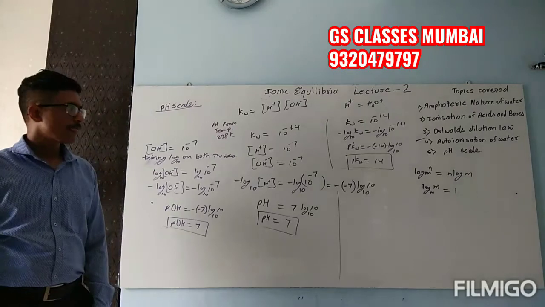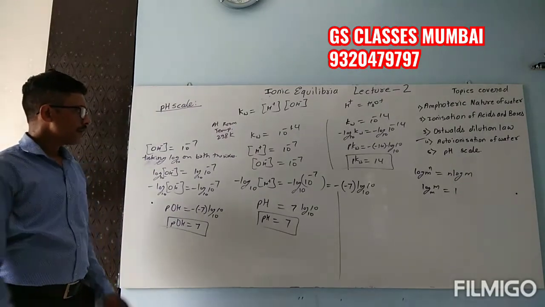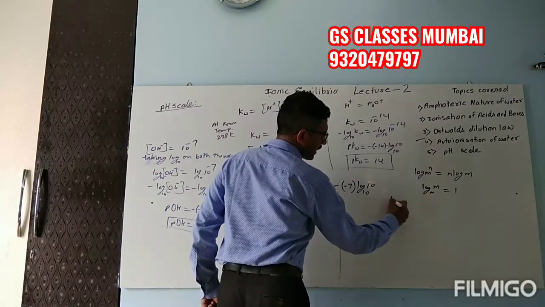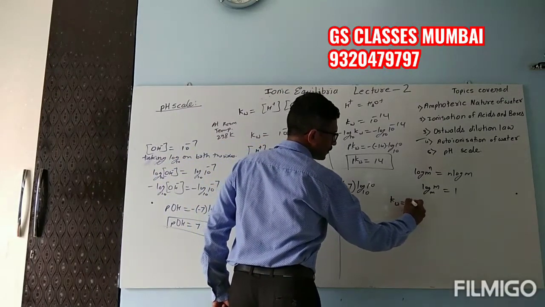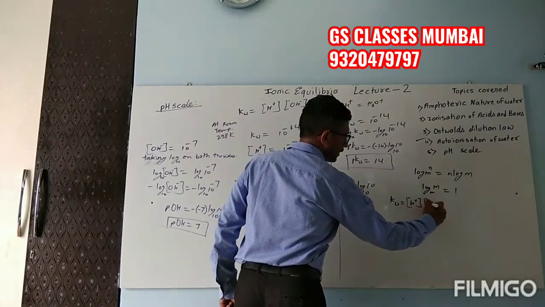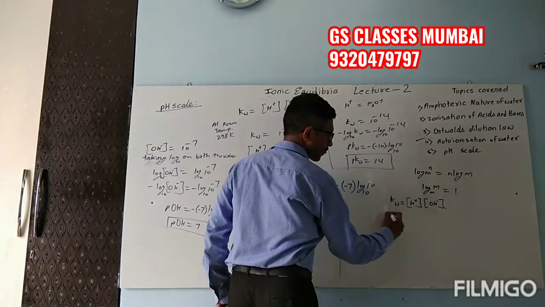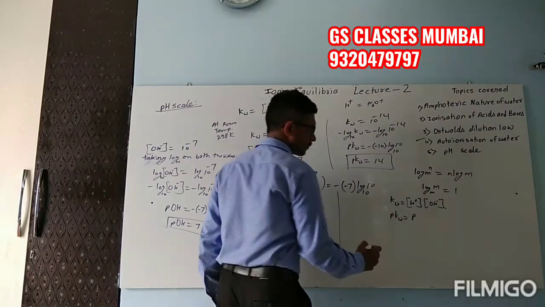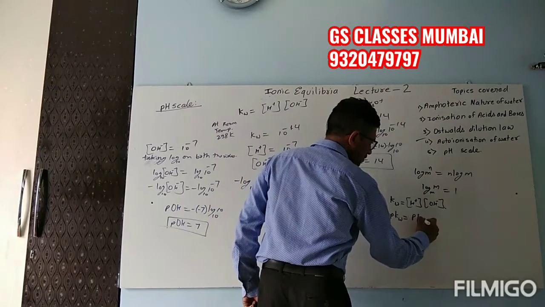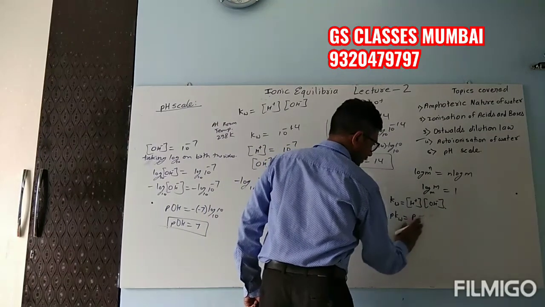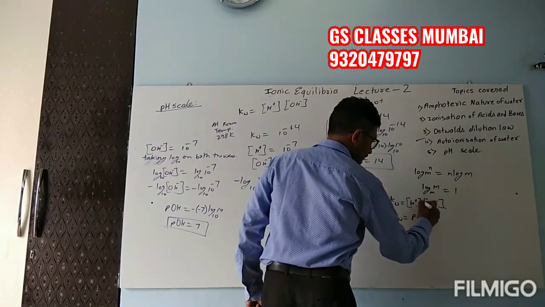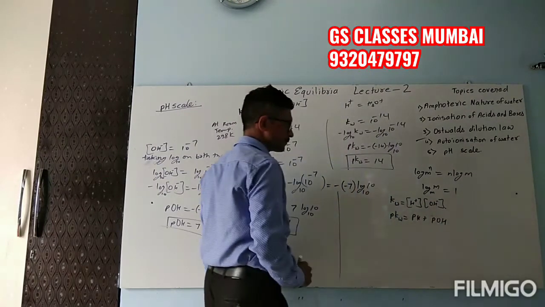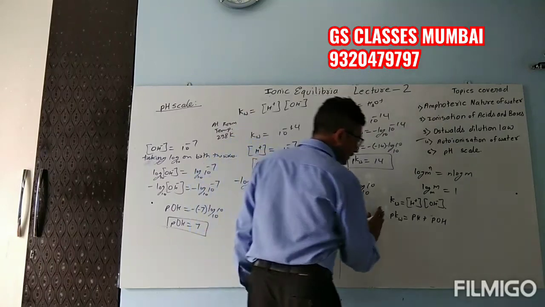Now children, by knowing all these three facts, if we say that Kw equals hydrogen ion concentration times hydroxide ion concentration, I can also say that pKw equals pH plus pOH. How? Let us see.